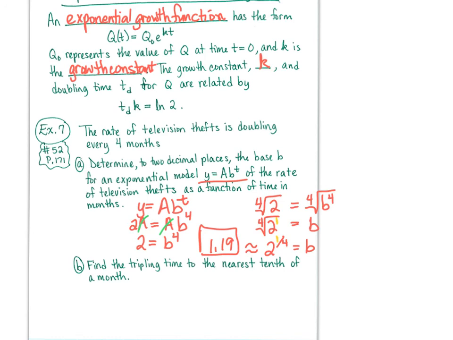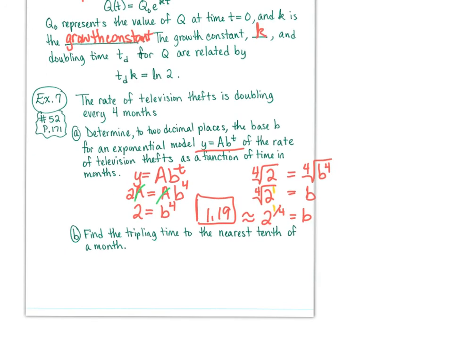Now, in part B of this example, we want to find the tripling time to the nearest tenth of a month. So now our amount is tripling. So instead of 2a, we're going to have 3a. So we get 3a is equal to a, but we found b already.